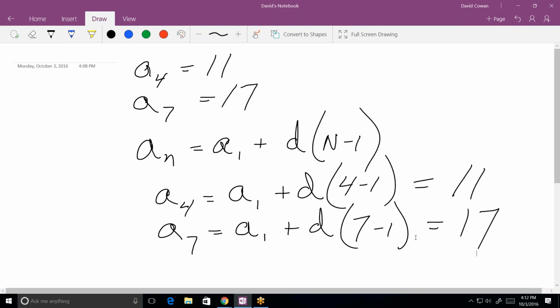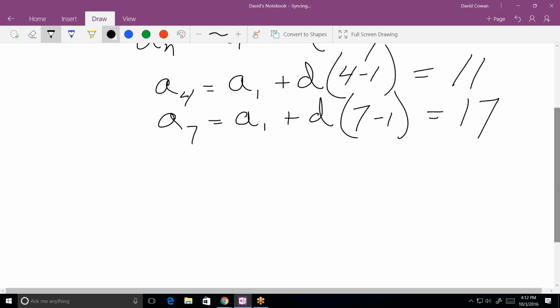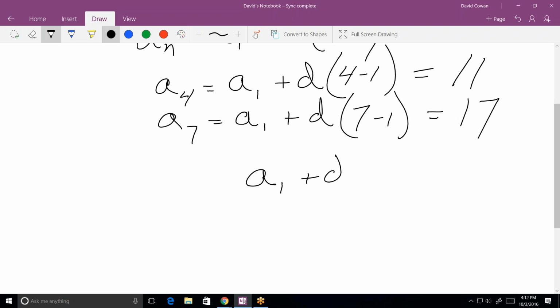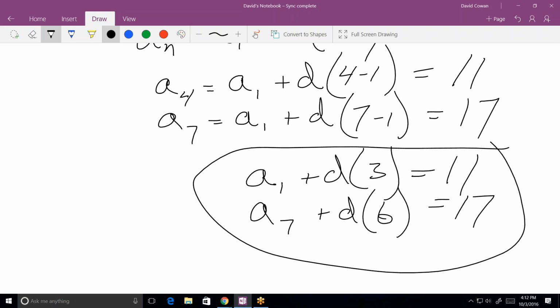Well, notice what I have here. I have 2 equations and 2 unknowns. In other words, this top equation is a sub 1 plus d times 3 equals 11. The bottom equation is a sub 1 plus d times 6 equals 17. Excuse me, that's a sub 1.